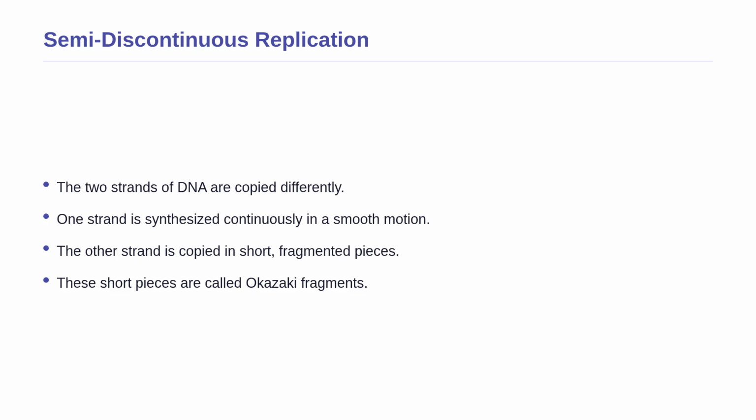However, the other strand, known as the lagging strand, has to be copied in short, fragmented pieces. We call these pieces Okazaki fragments, named after the scientist who discovered them. This semi-discontinuous nature is a direct result of the physical constraints of the DNA double helix, requiring the cell to use a clever workaround to copy both sides at the same time.